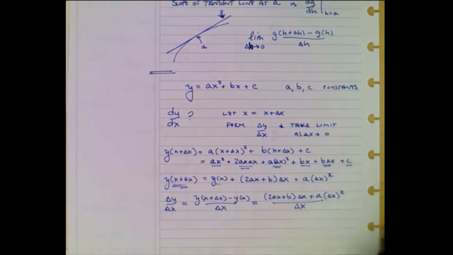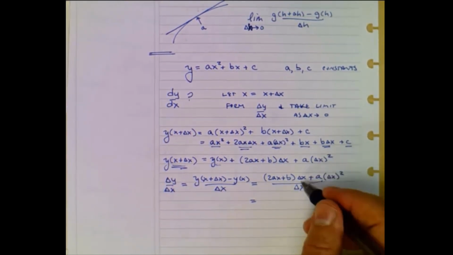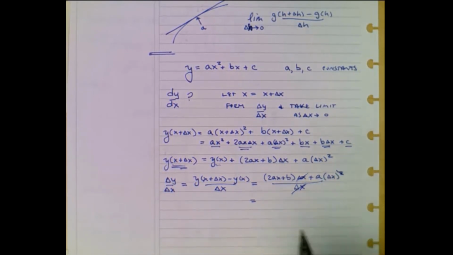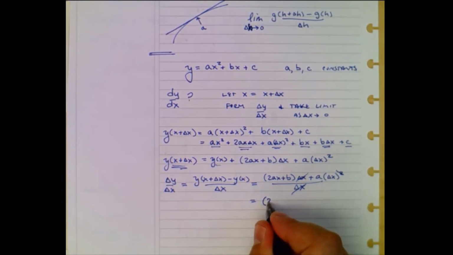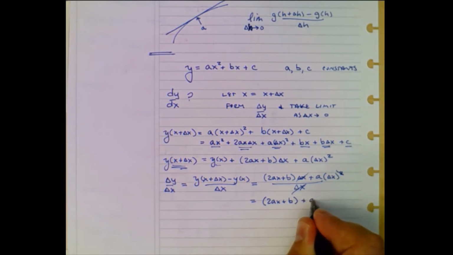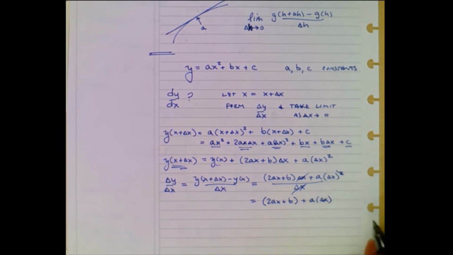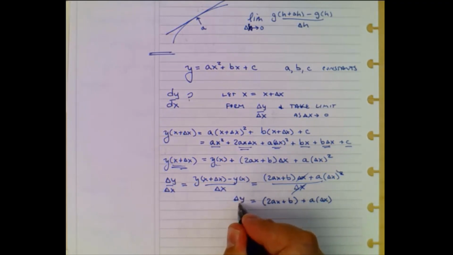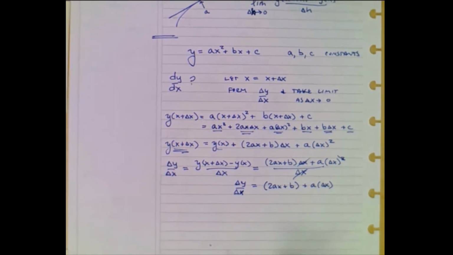Divide that by delta x. If I divide the delta x out, I'm left with an expression of 2ax plus b plus a times delta x. That is the expression for delta y divided by delta x.